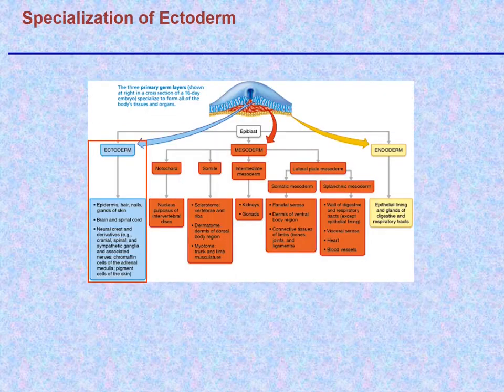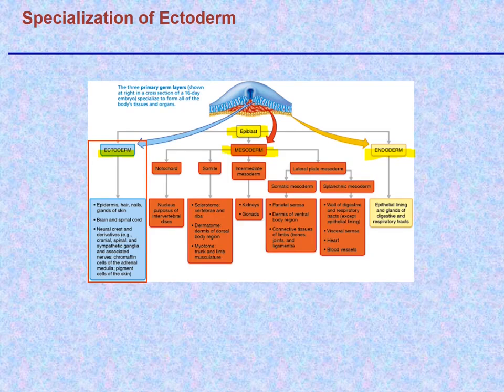Now this has more information than I would want you to know, but it covers what the ectoderm leads to, what the mesoderm tissue layer leads to, and what the endoderm leads to. And of course, this is all part of the developing epiblast, or this derives from the epiblast.